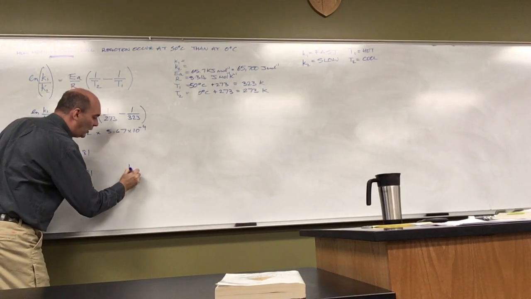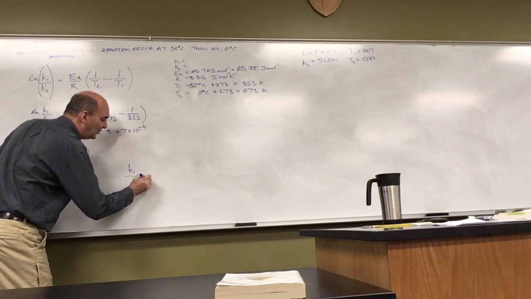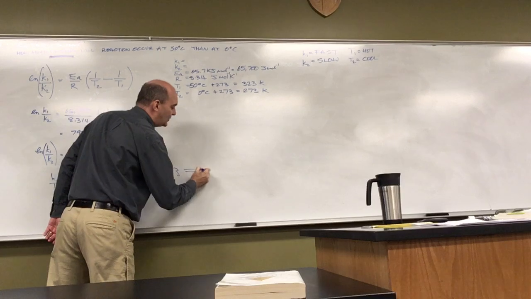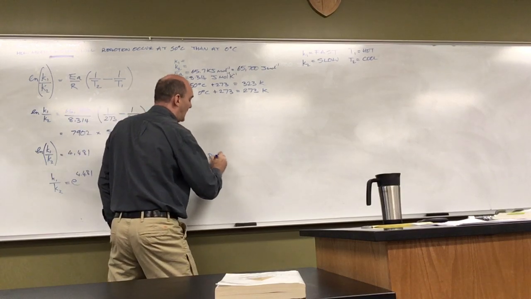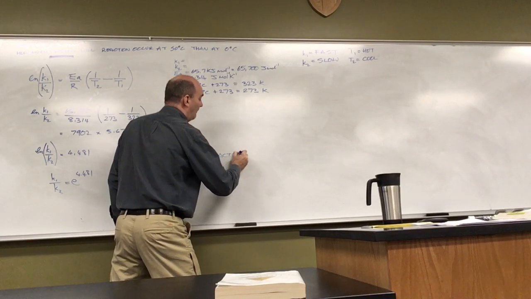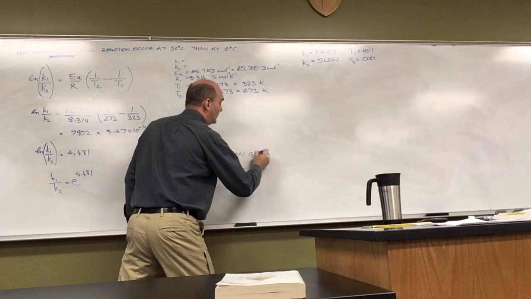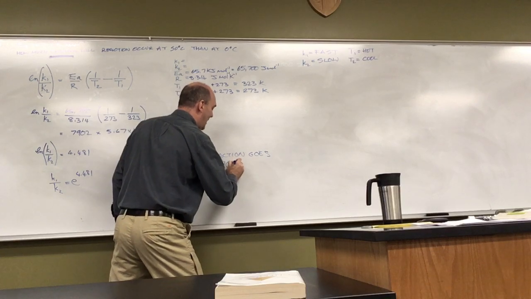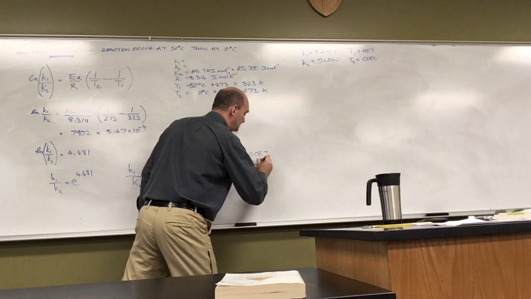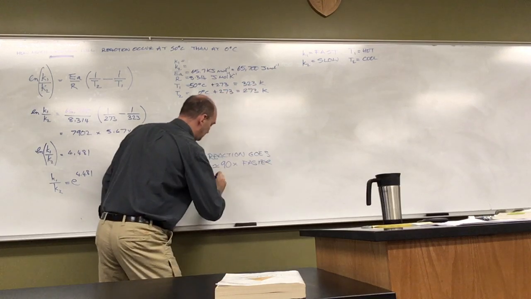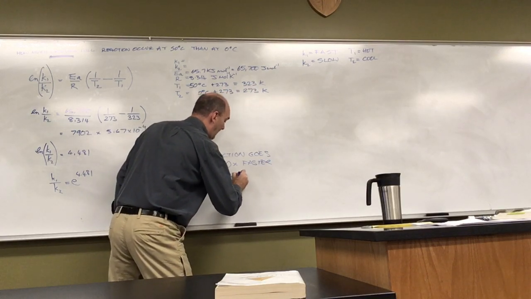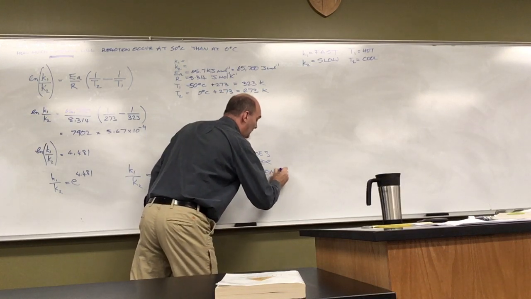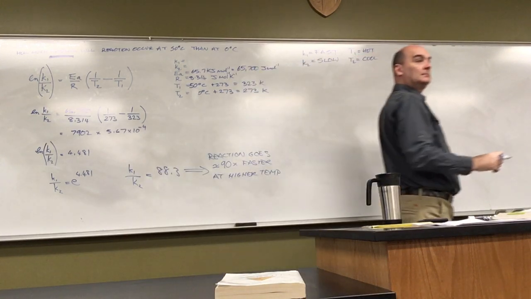So K1 over K2 is 88.3, which tells me that the reaction goes about 90 times faster at the new higher temperature. Okay?